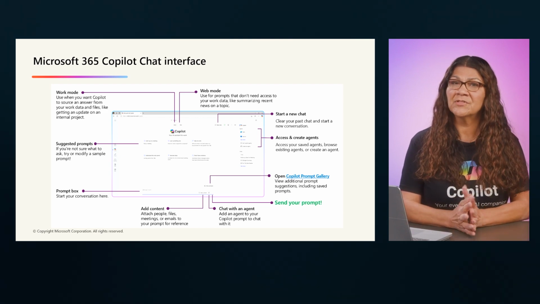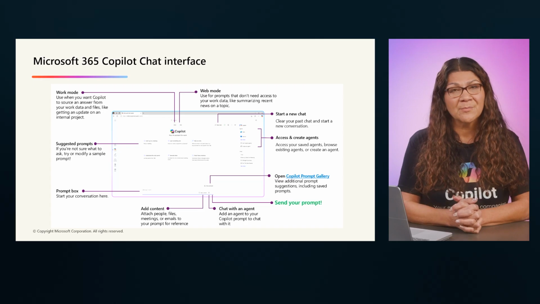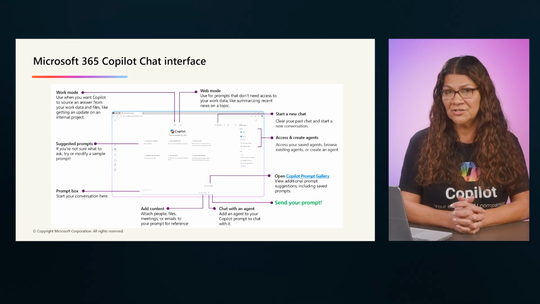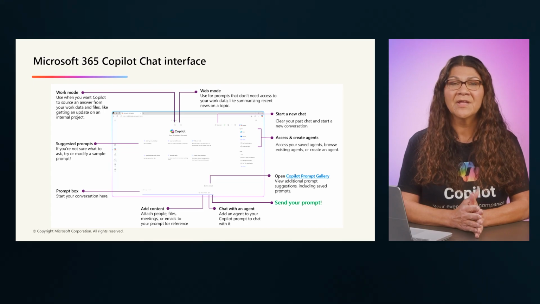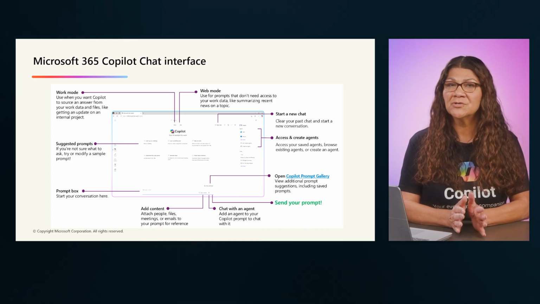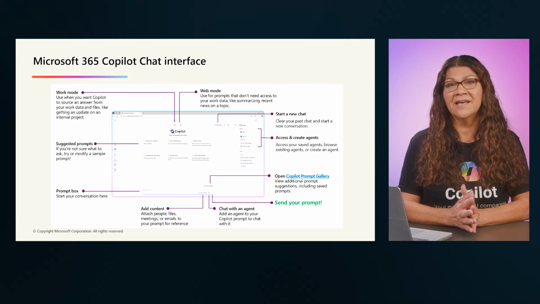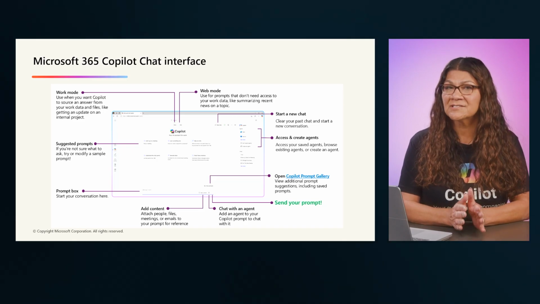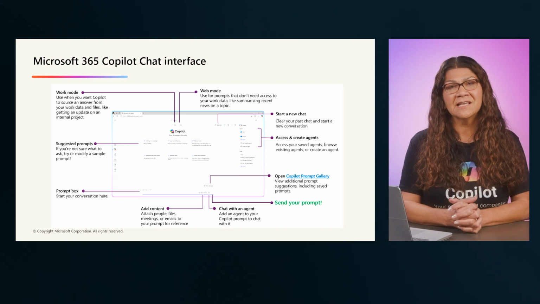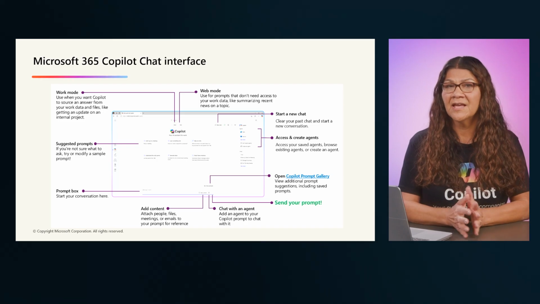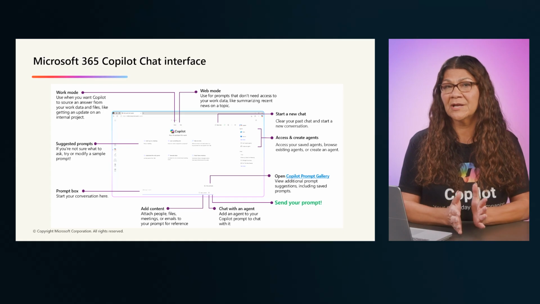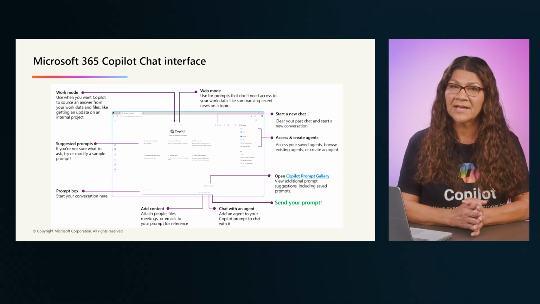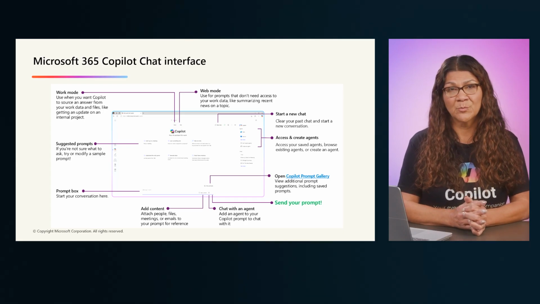Finally, Chat with an agent adds automation and specialization to your conversation, while the Send button executes your prompt. A best practice here: choose the mode intentionally. Attach context when accuracy matters. Save prompts that you use often, and leverage agents to streamline recurring tasks like generating reports, drafting communications, or analyzing data, and more.